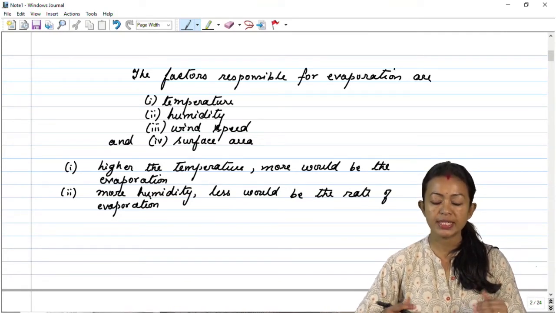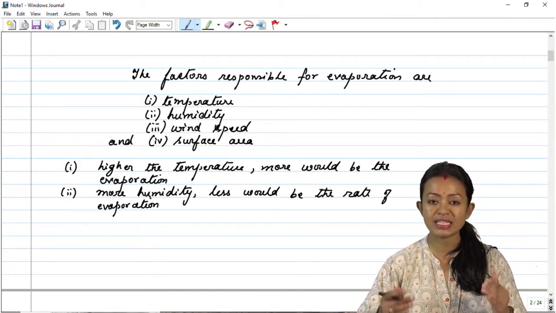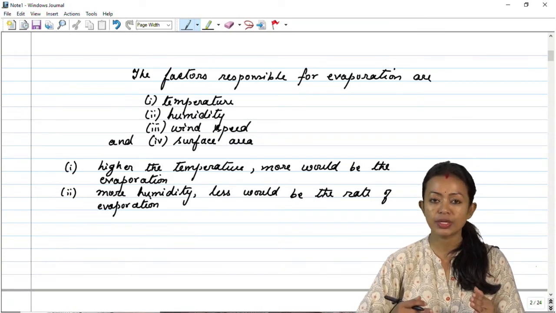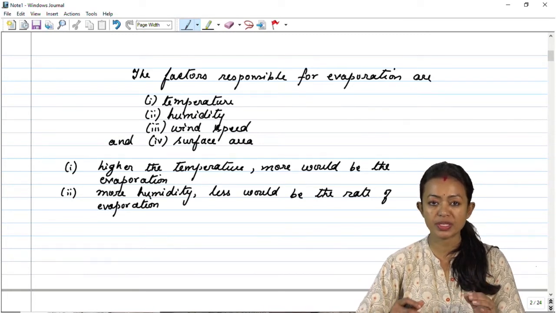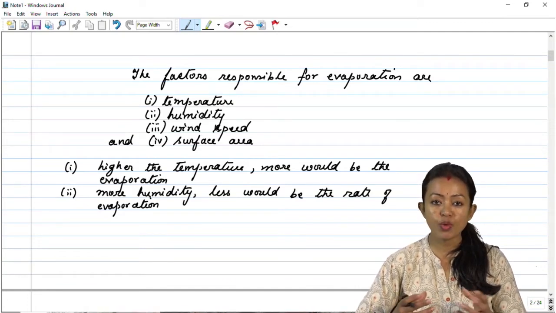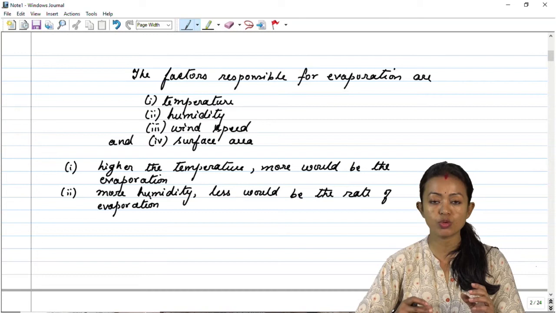So what would happen? The evaporation rate will decrease because there will be less availability of space in the atmosphere for the water vapor to go and add to the atmosphere, and thus the rate of evaporation decreases. But if the humidity level is low, for instance during peak summers or during the winters, when the amount of water vapor present in the atmosphere is low, then there is more availability of space in the atmosphere, and thus what would happen?